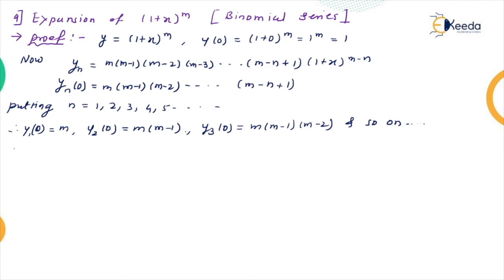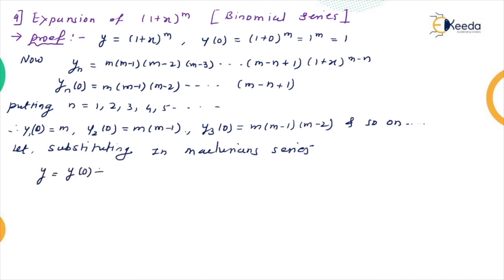Substituting in the Maclaurin series, you know the Maclaurin series: y is equal to y of 0 plus x into y1 of 0 plus x square upon 2 factorial into y2 of 0 plus x cube upon 3 factorial into y3 of 0 plus and so on, an infinite series.